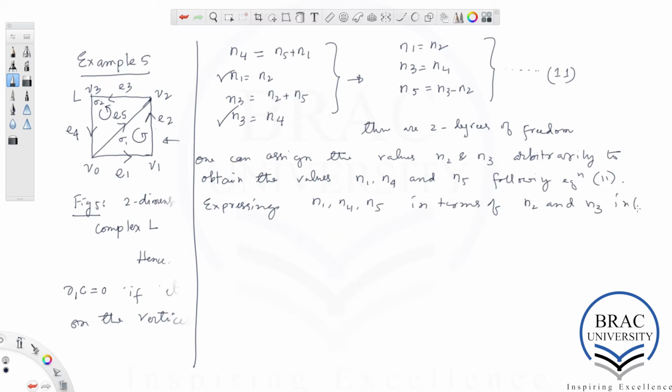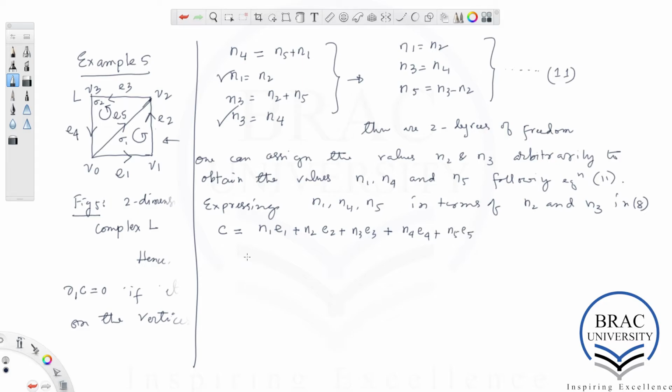in equation number 8. Let me write equation 8 again, which is the general expression of this one chain C: N1 E1 plus N2 E2 plus N3 E3 plus N4 E4 plus N5 E5.